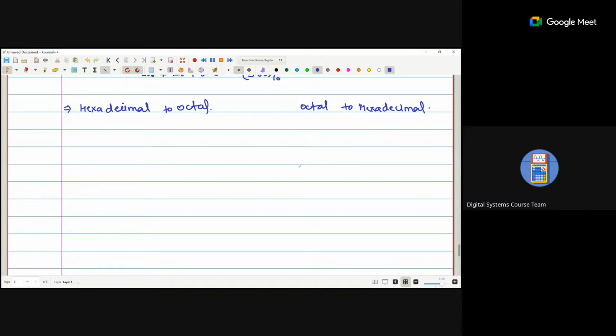So the way is that initially we convert either hexadecimal or the octal, we first convert into the binary, then hexadecimal, and binary, then octal. Okay.